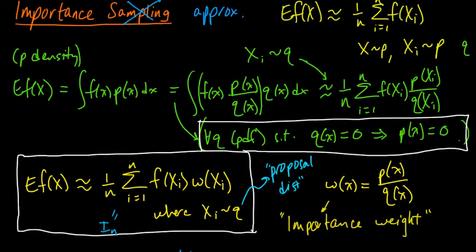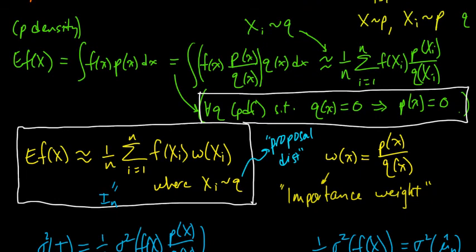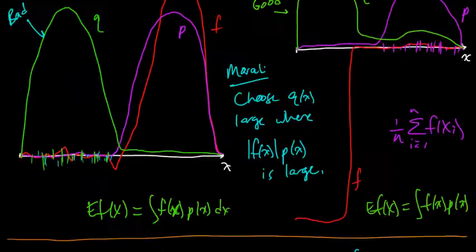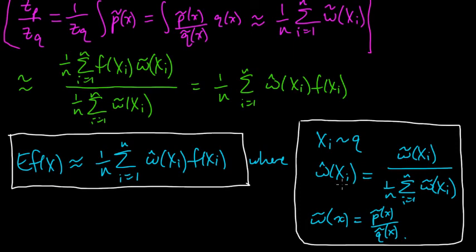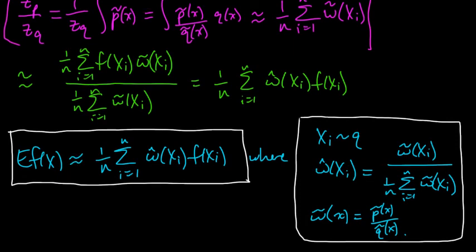So we had the w hat down below, and that w hat is in some sense an estimator of the importance weights, w. So that's importance sampling without normalizing constants.